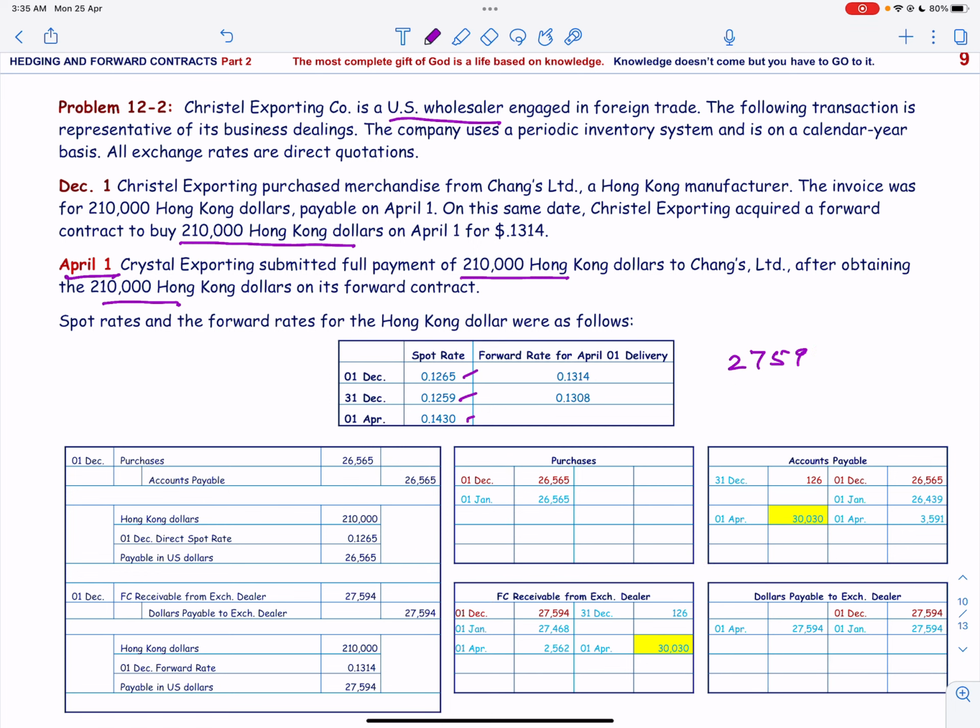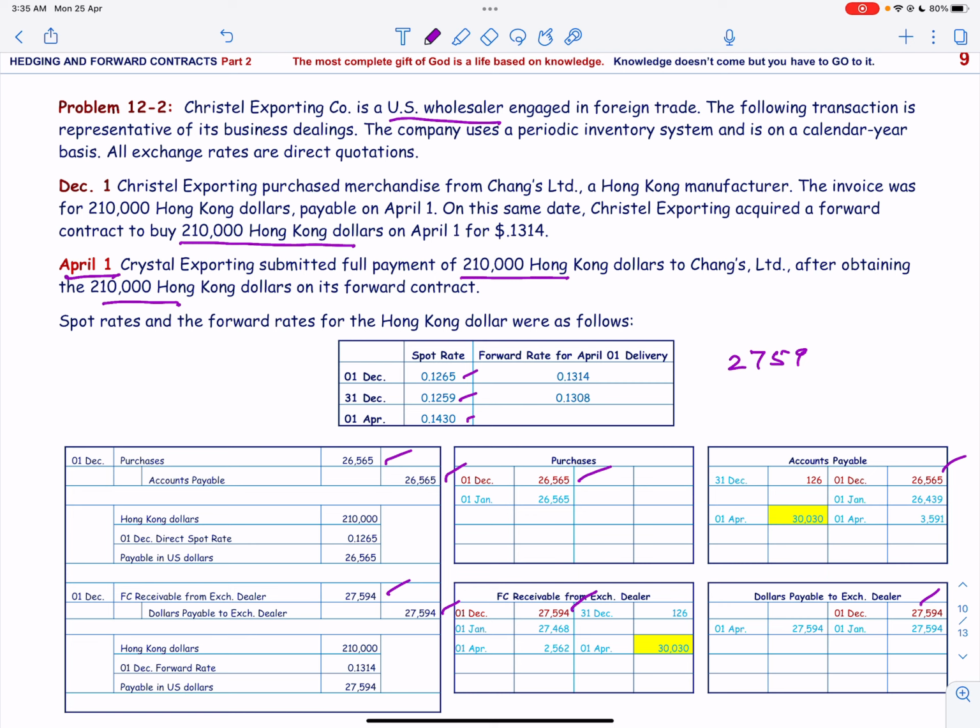So we have recorded the purchases on 1st of December, we have recorded the accounts payable, and then we record the foreign currency receivable and dollars payable to the exchange dealer on 1st of December.